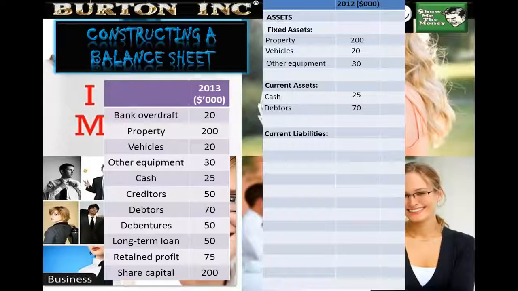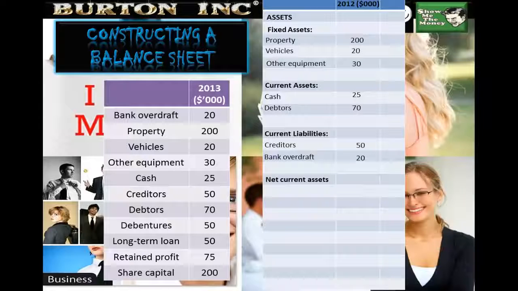Current liabilities, moving it on. Identify any current liabilities within the financial information. We've got creditors here, and we've got a bank overdraft up the top as well. Just plug in those figures. Current liabilities, done and dusted. Net current assets, the next thing to go in.